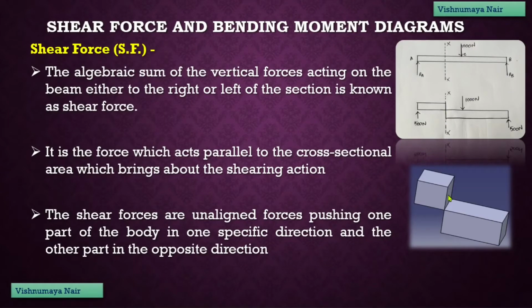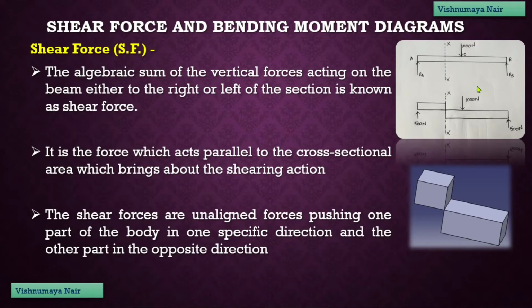And this is known as the shearing action in beams. Here the beam will be cut into two parts. The forces which bring about the shearing action in beams are known as the shear forces or the shearing forces. Therefore, the shear forces are the unaligned forces pushing one part of the body in one specific direction and the other part in the opposite direction.